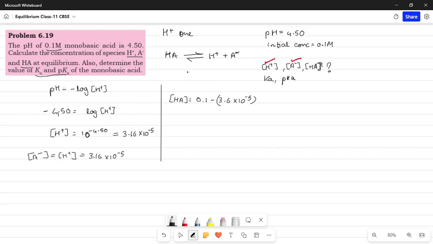The reason being, this amount of HA was the one which broke to give us H plus and A minus ions. All we have to do is simplify this.